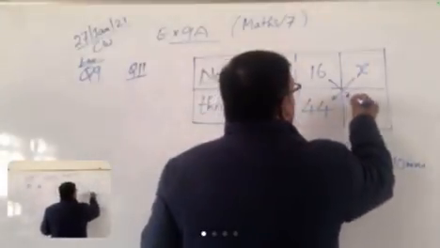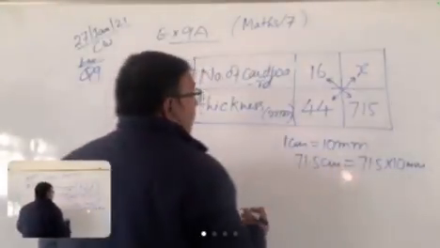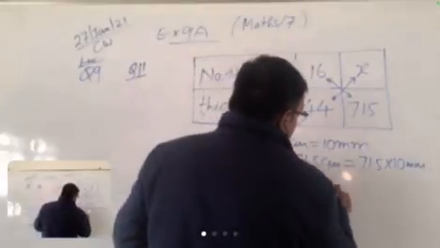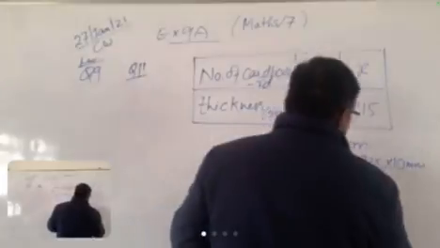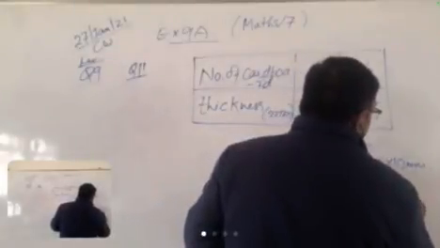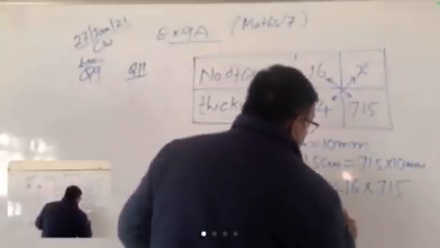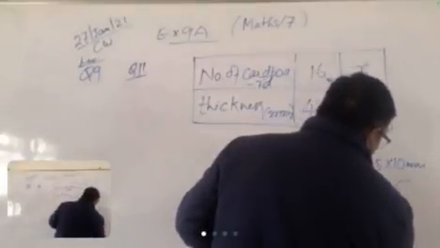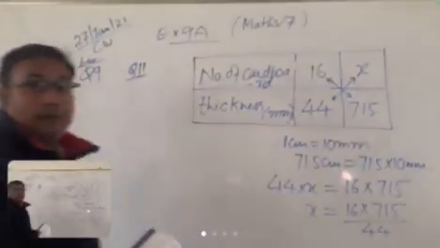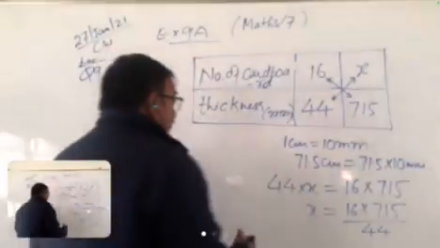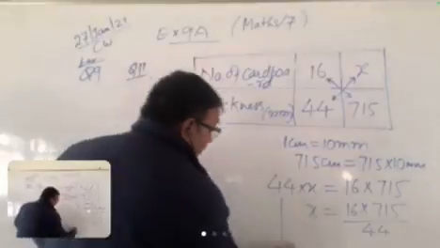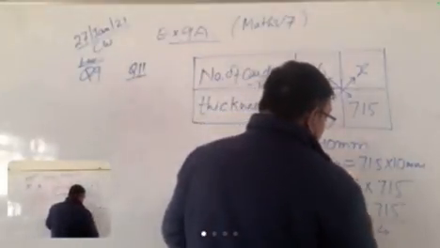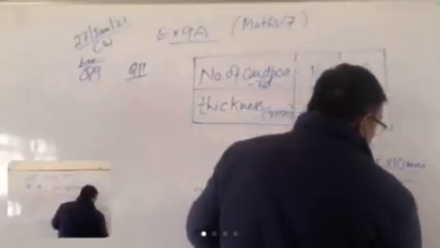Now the cross multiplication again, and therefore it is 44 multiplied by x is equal to 16 multiplied by 715. So x is equal to 16 multiplied by 715 upon 44. Clear? Now cancel it and find the value for x. So we cancel 16, 4 4s are 16, and now it is 11.